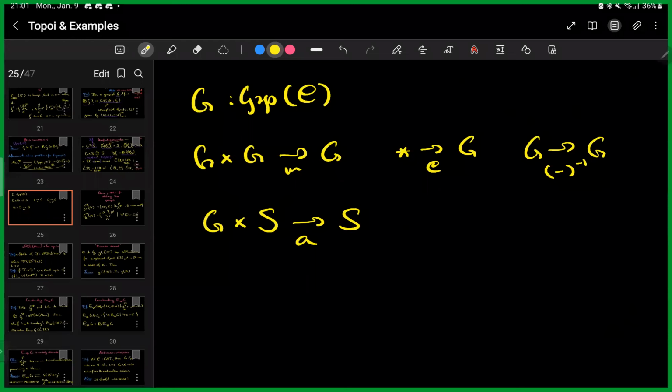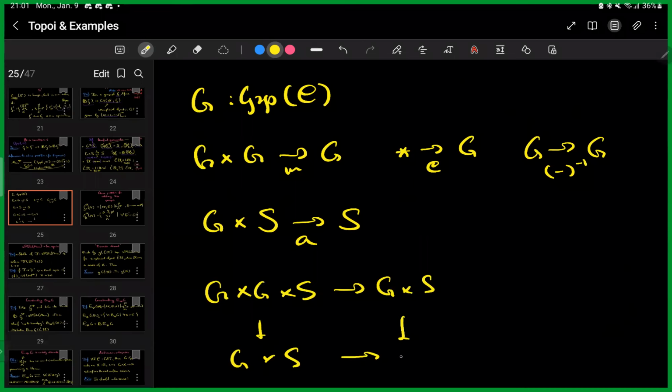So if we have G times G times S, then it doesn't matter if we first apply the action or first apply the multiplication. We will still get the same thing. And the only other obvious condition for an action is that the unit acts trivially.